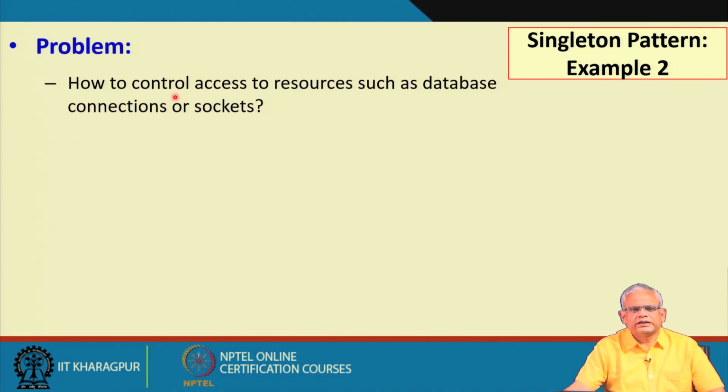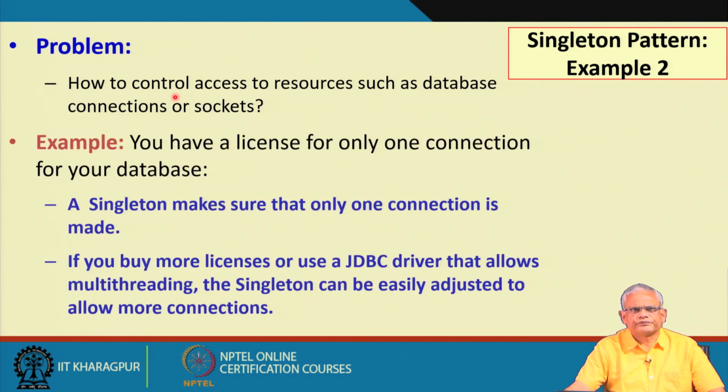And here we create a singleton object which manages the connection. All applications get the singleton and request it to get a connection, and if the connection is not taken, the singleton will provide a connection, and if the connection is already taken by another part, then it will make it wait.